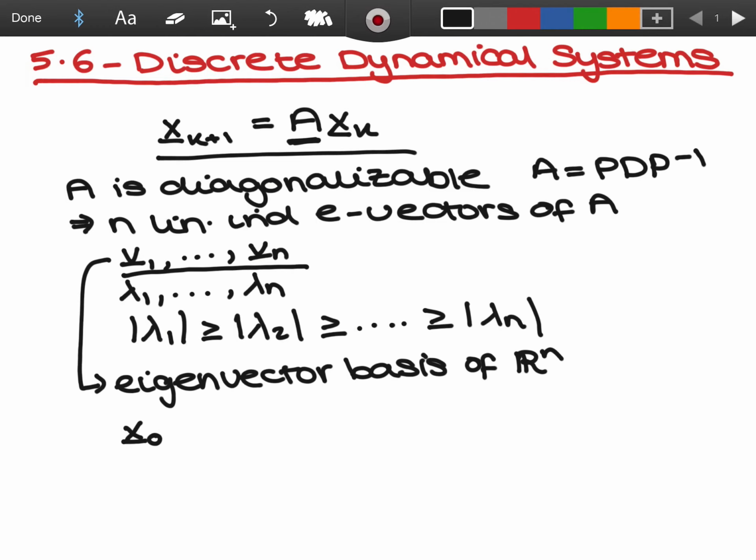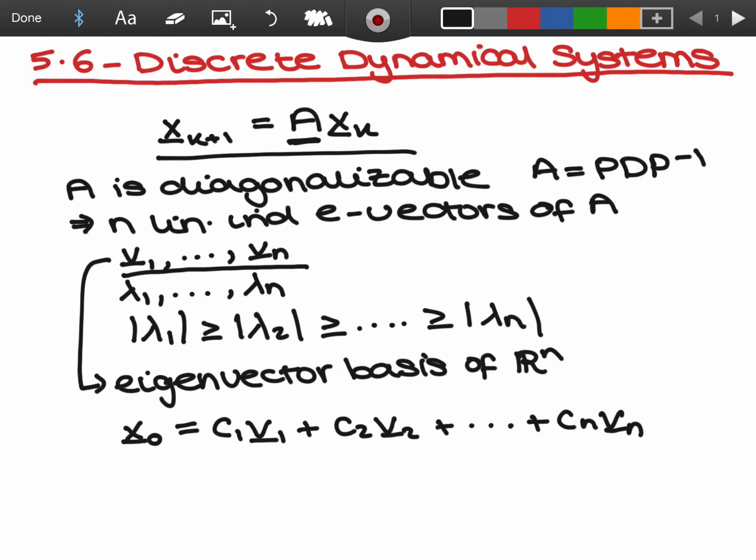If it's an n by 1 vector, it's got n entries in it, it's in Rn. So it's going to be a linear combination of those n vectors. So I can write x0 as c1v1 plus c2v2 up to cnvn.